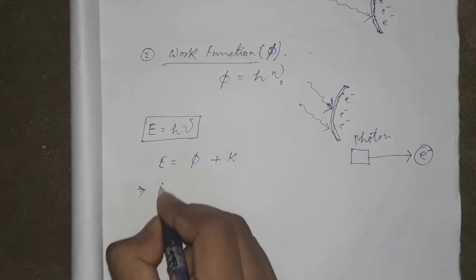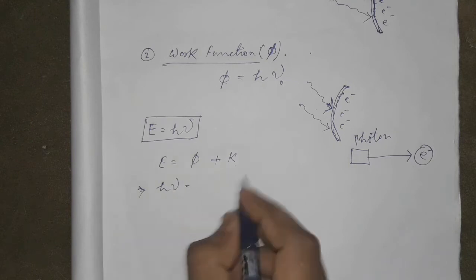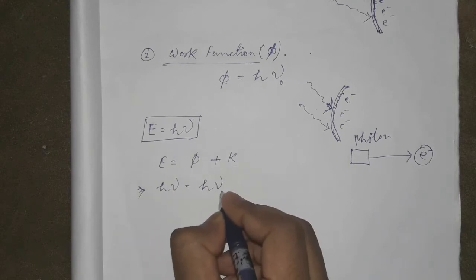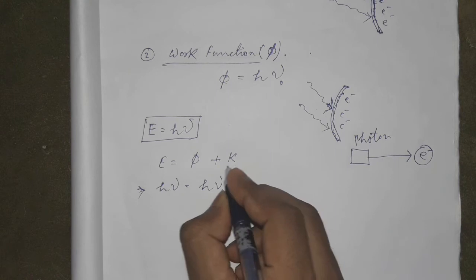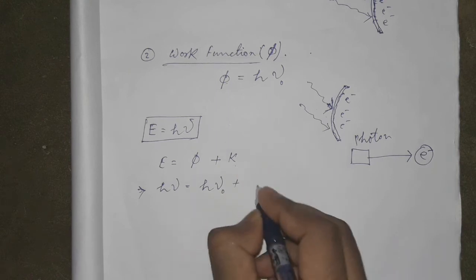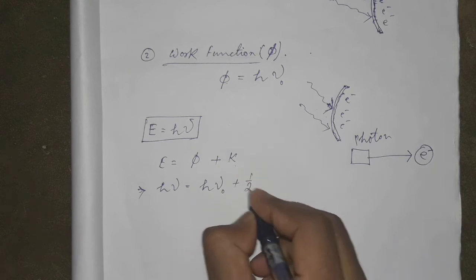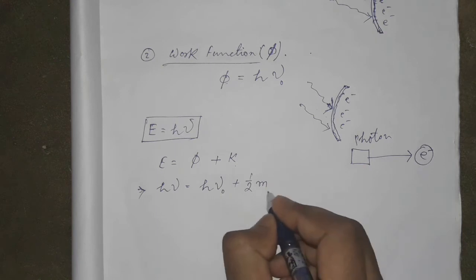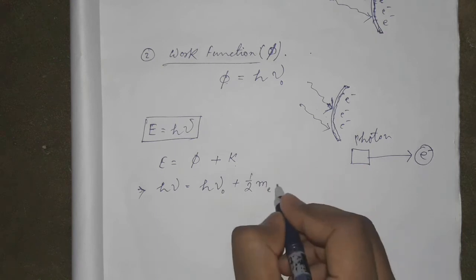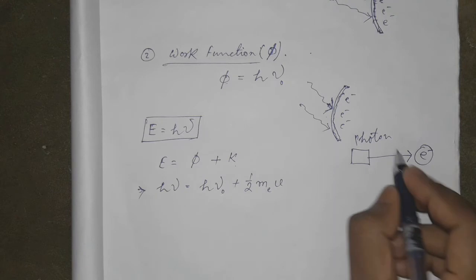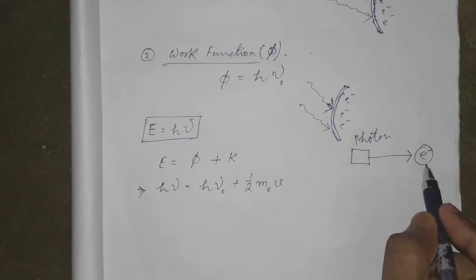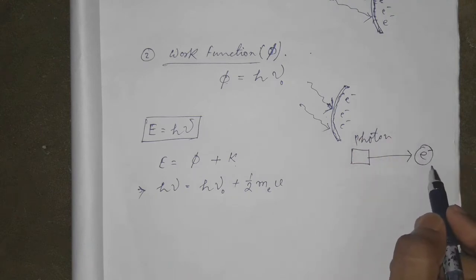We know that E is h nu, phi is h nu naught, and K is kinetic energy, which is written as half m u square, where m is the mass of the electron. If an electron has kinetic energy, that means it will definitely have a velocity.